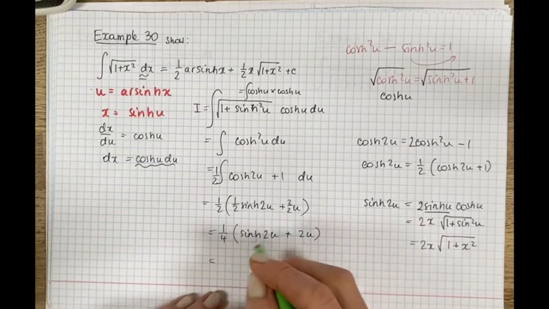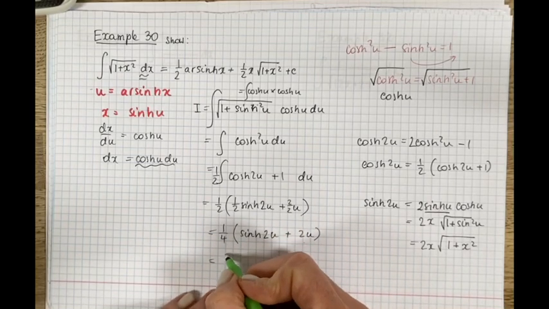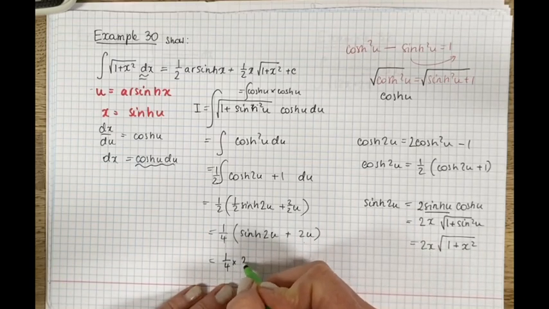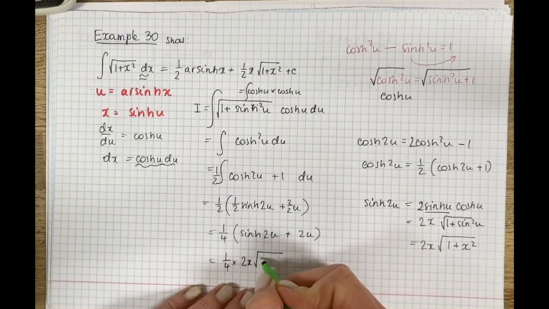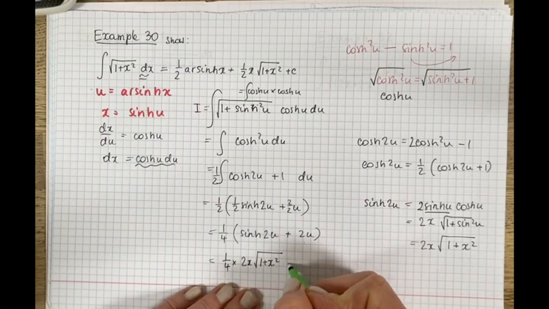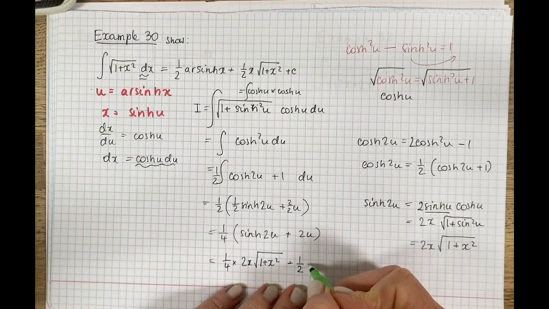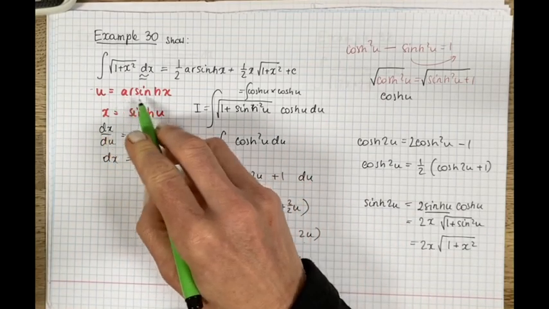Let's do the replacing. I'm multiplying it by a quarter straight away because I didn't need to factorize it. So a quarter times 2x square root of 1 plus x squared, plus a quarter times 2 is a half, multiplied by my u, which is arsinh x.